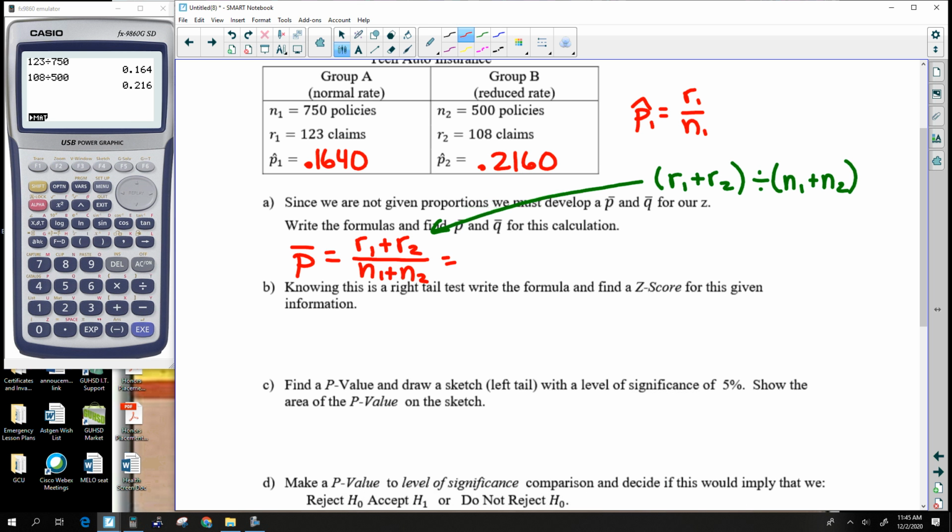Other than that, it's almost foolproof. Q bar is again the opposite of P bar, so that's 1 minus P bar.